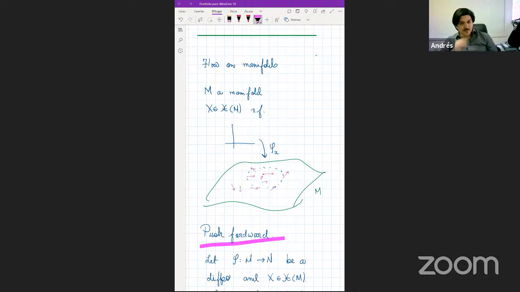Now, remember that we have seen that when this is a chart, this is a smooth map. So we will use the fact that the chart is a smooth map, even a diffeomorphism between some open set in Rn and an open set on M. Okay, let's see the push forward now.